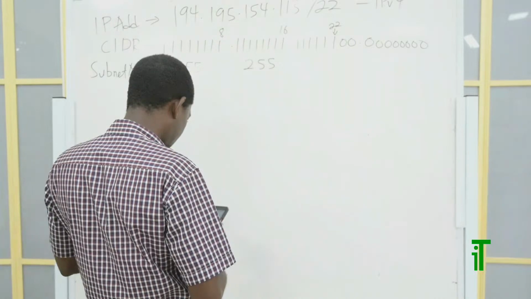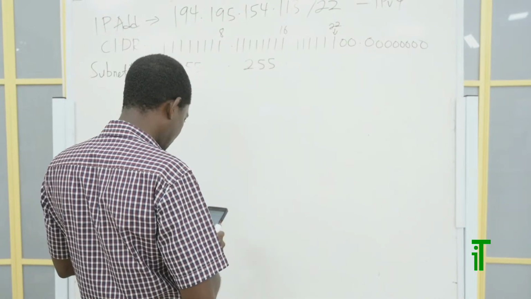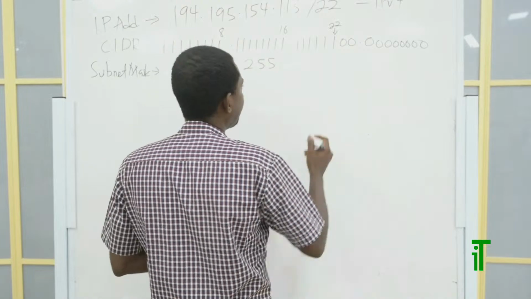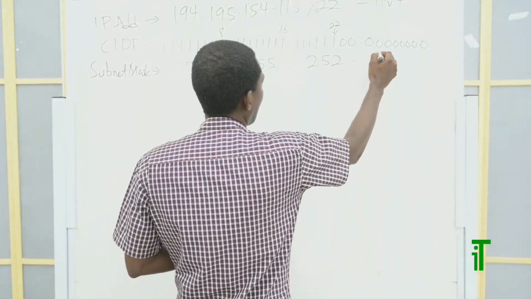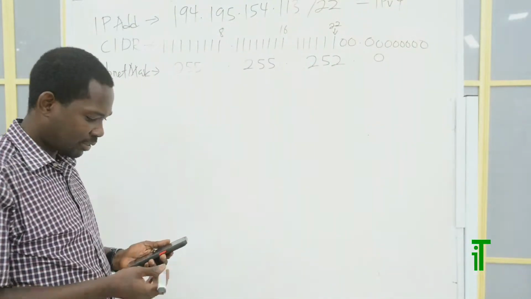One, two, three, four, five, 6, 7, 8. It's 252. I have 0. So that is the subnet mask.